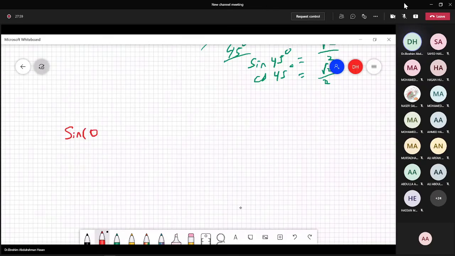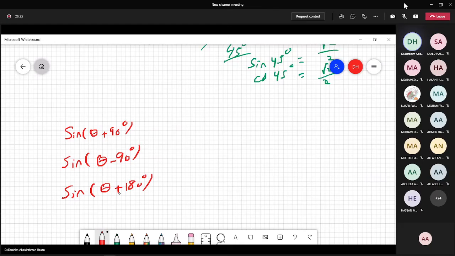Sine theta plus 90, sine theta minus 90, sine theta plus 180, and sine minus theta.